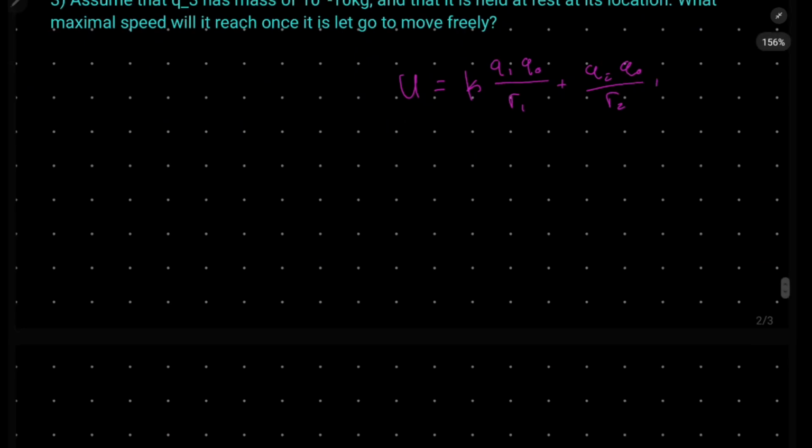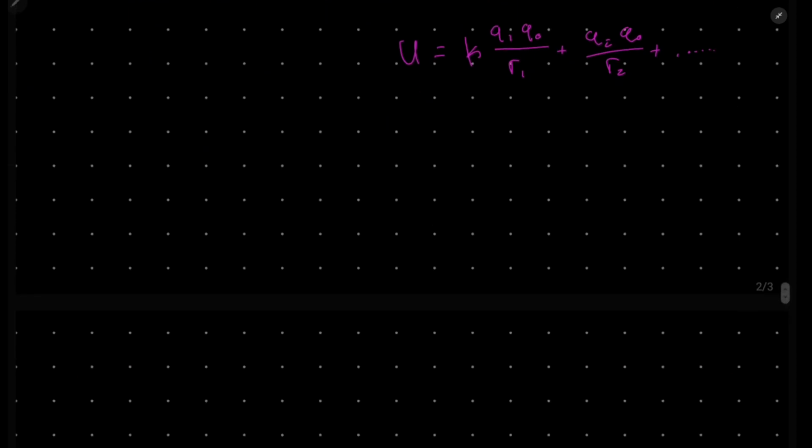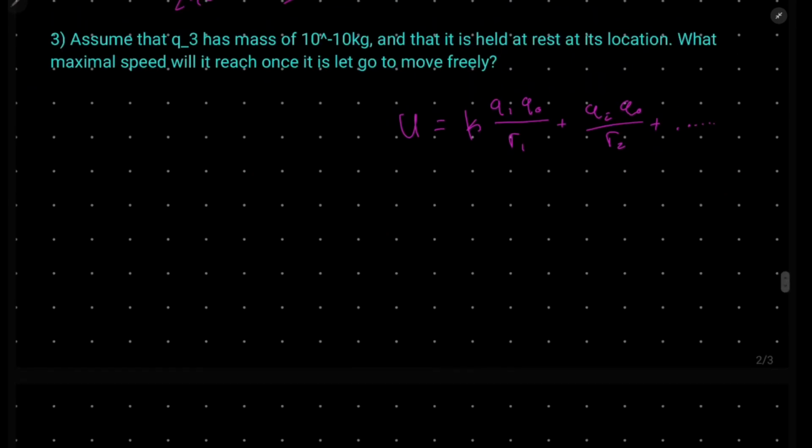And then you have the option to keep going depending on how many charges you have. Since we only have two charges that are applying a force on one charge, we only need two. And this right here is our potential energy, which we can replace with 1/2 mv squared.